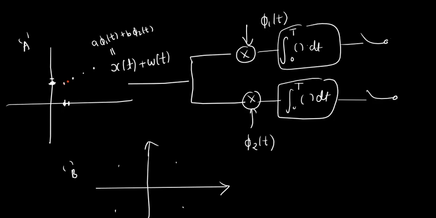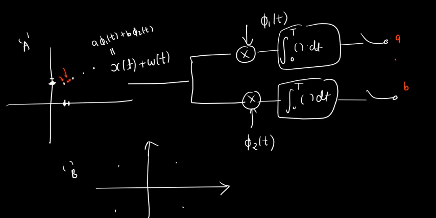Your noise can be such that you have transmitted this one, you have sampled it here, and your noise has taken it closer to the second point corresponding to phi 2 t.